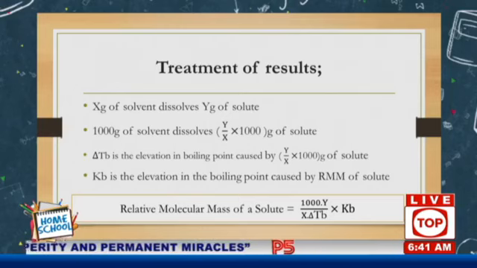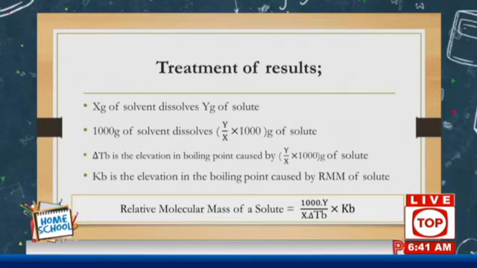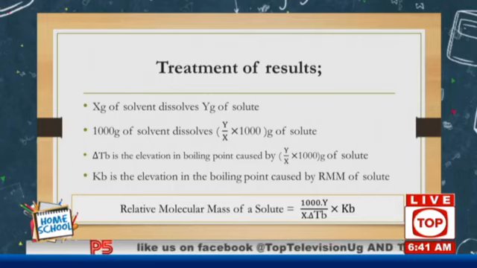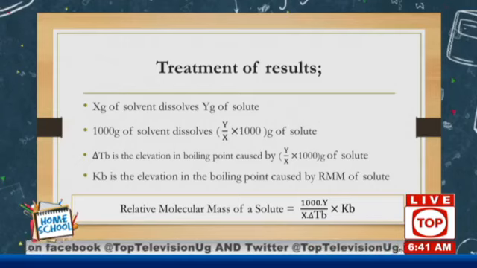Then we look at the change. The grams you get there, they are the ones which can cause a change in the boiling point. Y over X times 1,000 can cause a change in the elevation in the boiling point. Okay? In other words, can cause an elevation in the boiling point.